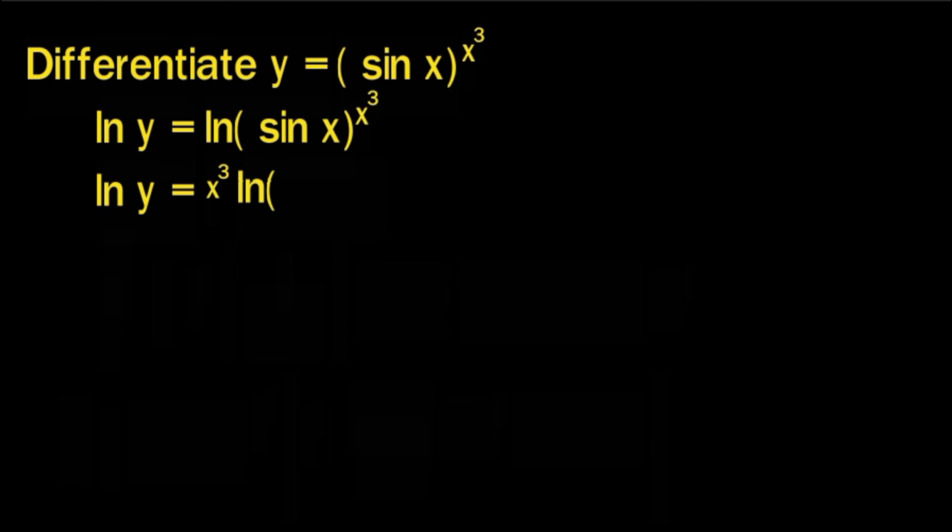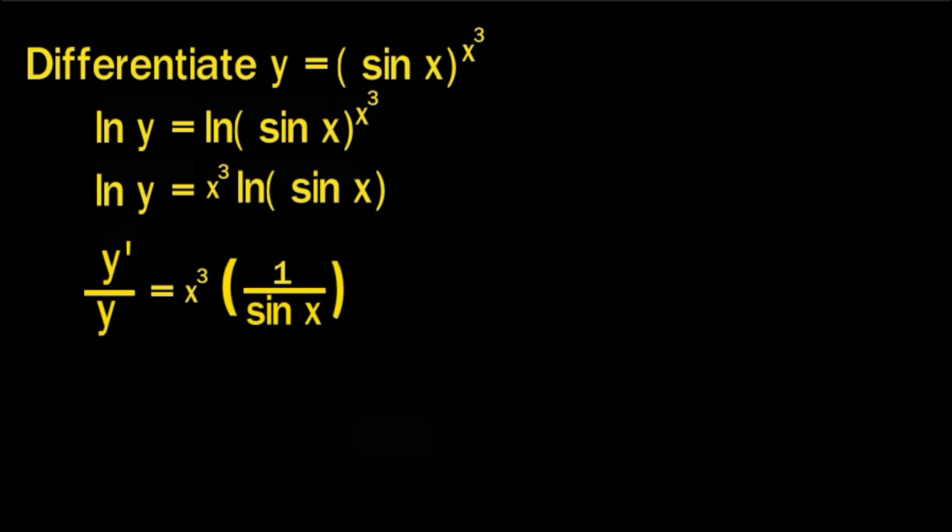And we differentiate both sides. So we will get y prime over y equal to, we do the product rule, so what we will get is x cubed times 1 over sine x times cosine x, plus ln sine x times 3x squared.